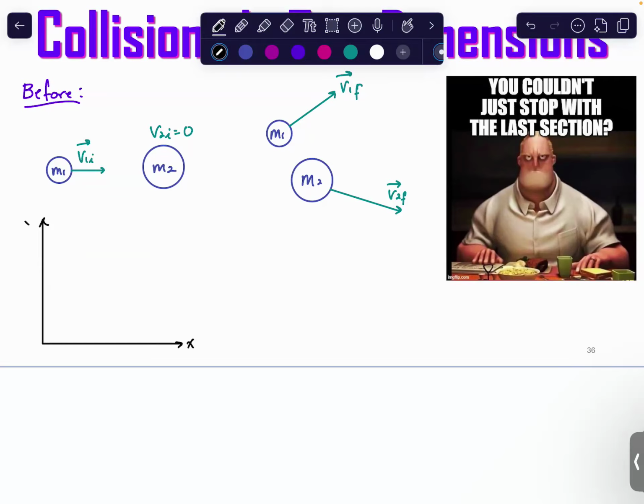So let's see, mass 1 is going to have a final velocity vector at some angle theta, that would be a first quadrant vector.